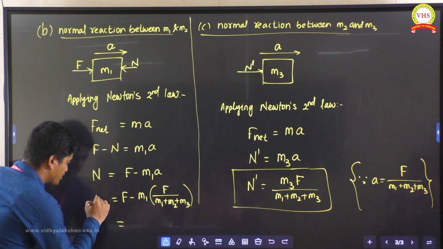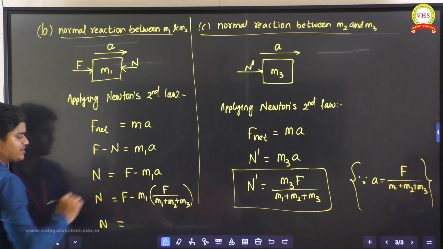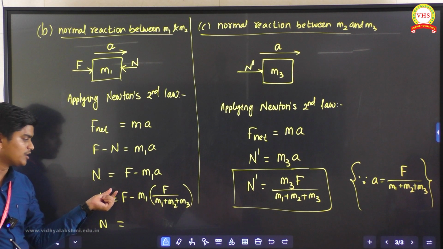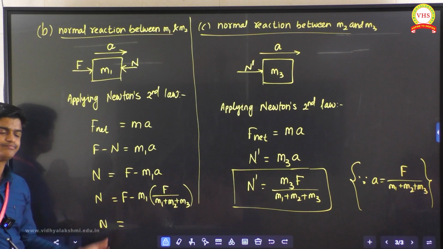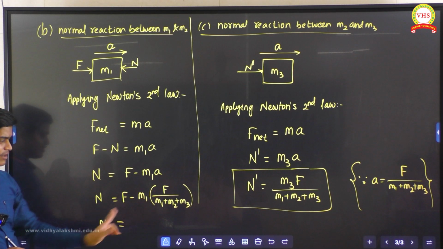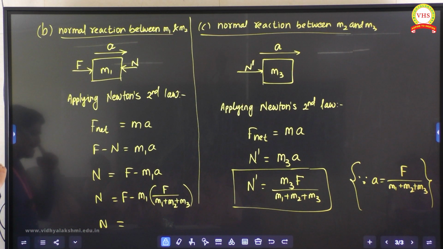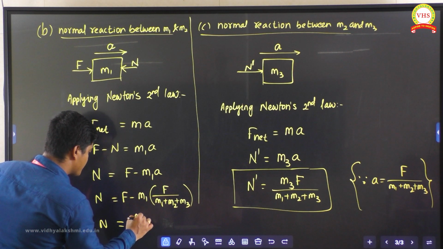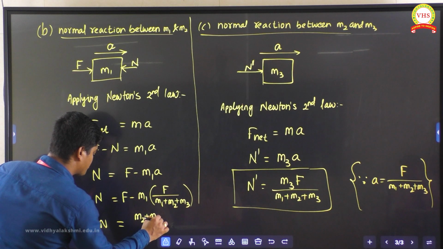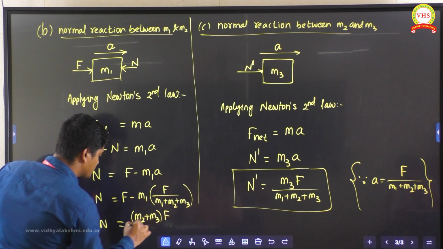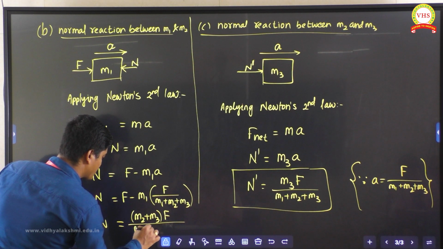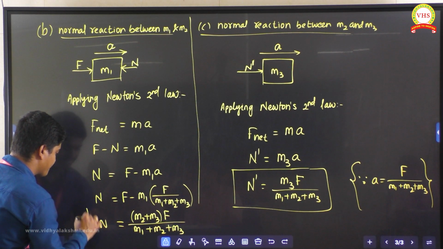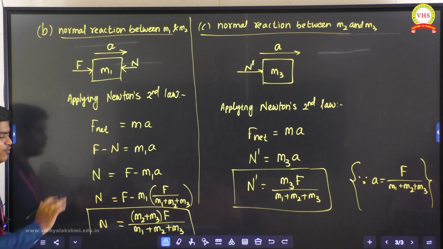Now this calculation you do yourself. Take LCM, do multiplication with F, the down term. Now m1 F minus m1 F will cancel. Only m2 plus m3 times F divided by m1 plus m2 plus m3 will remain. So this one only you have.